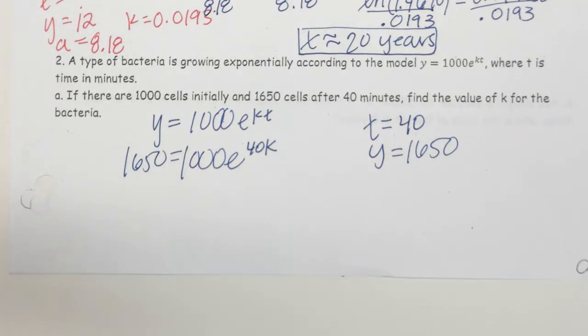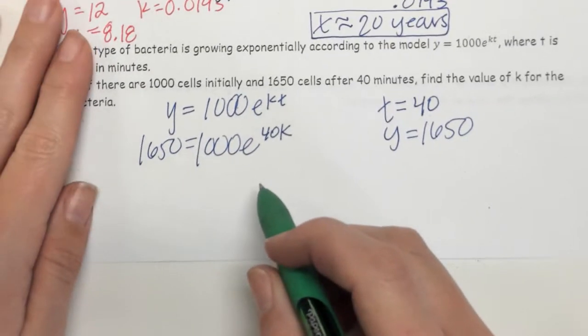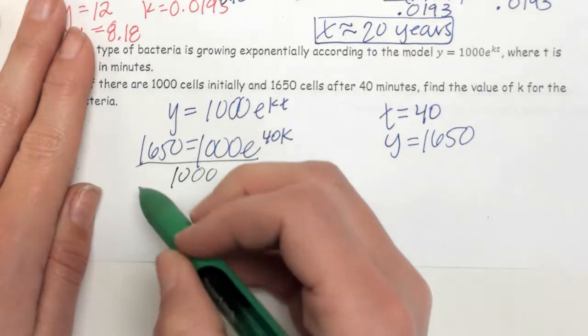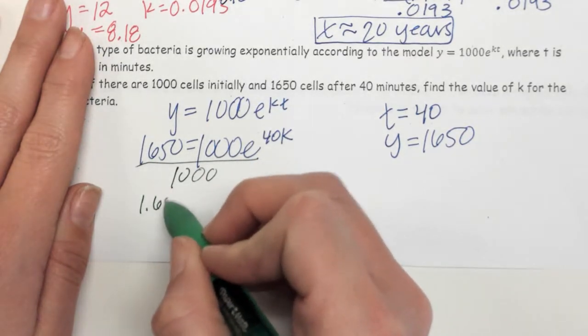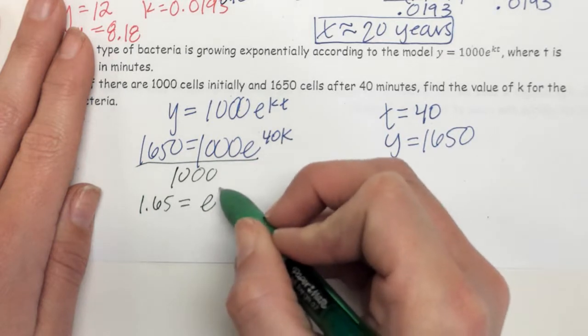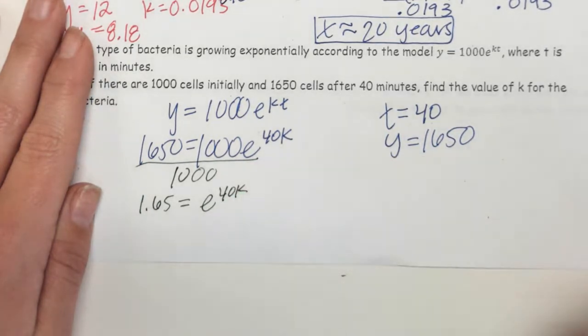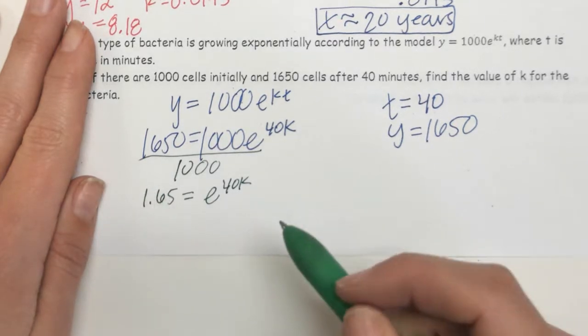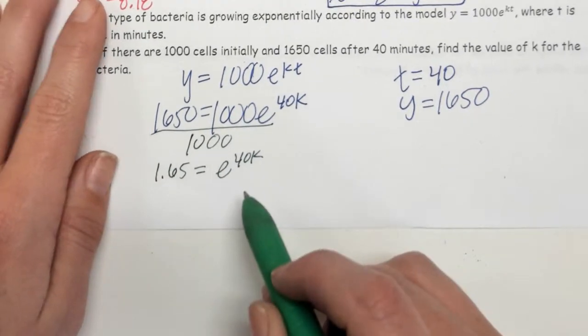Alright, Brandon, what did you do first to solve for this one? Alright, what did that give you on the left side? 1.65. Alright, did he round correctly right here? Okay. Really, what would I do after this?